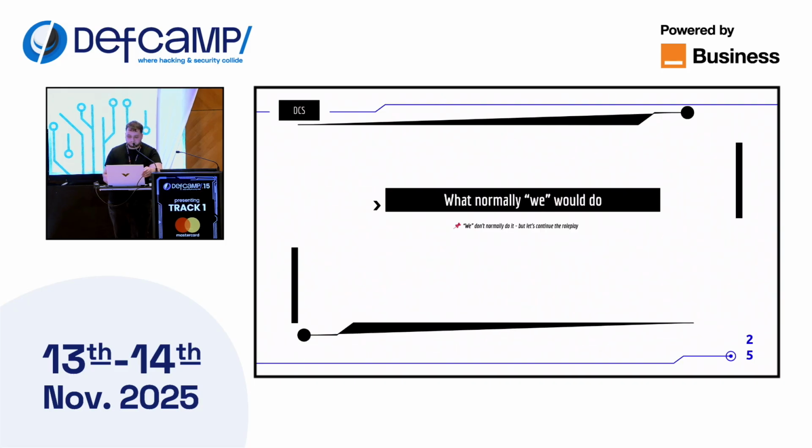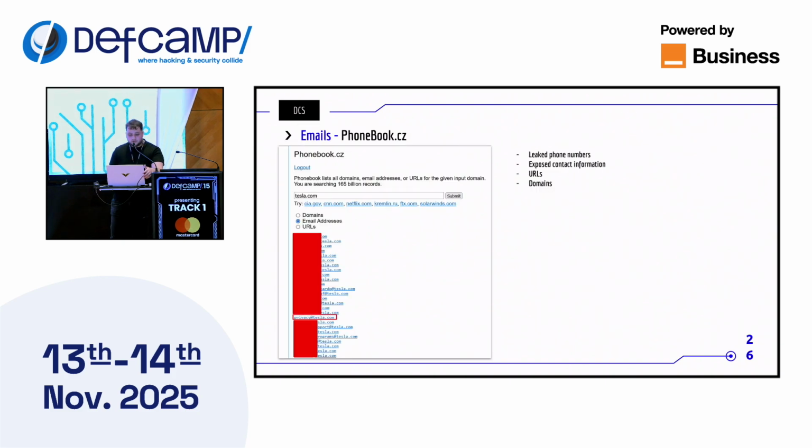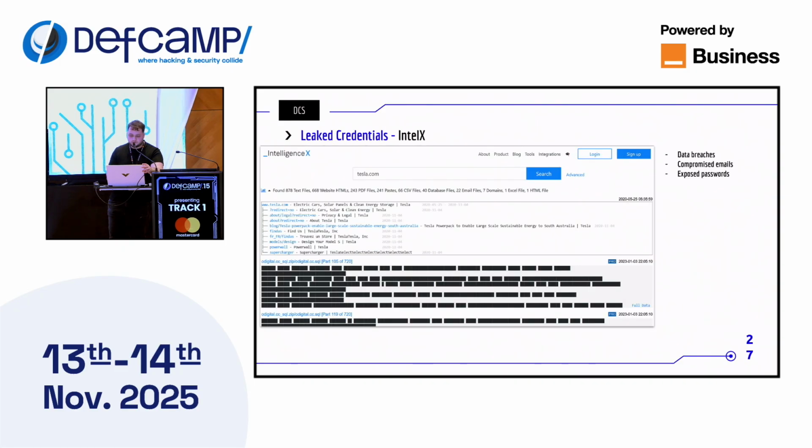So what we would normally do, we don't normally do it. We are not ransomware operators, but let's continue the role play. We would get some emails. We could use Phonebook, a pretty well-known tool created by Intelligence X. We could grab some emails, then maybe search for data breaches and compromised emails using IntelX.